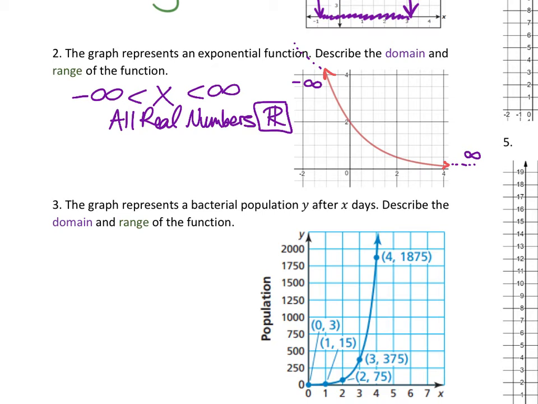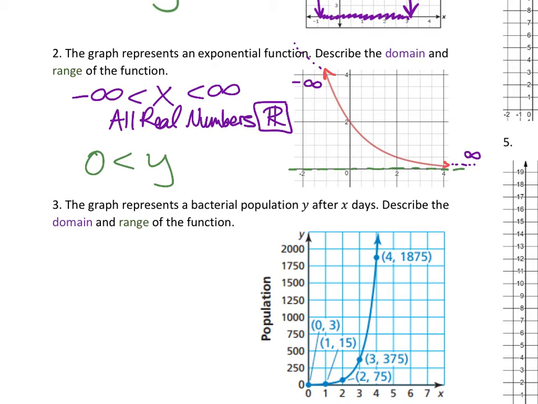When we go to do our range, though, with exponential functions, on the front of this packet, we talked about a line right here. What was that line called that's an invisible boundary? Yeah, it's called the horizontal asymptote. And I said that that curve is never going to cross the horizontal asymptote, which means I know I have a lower boundary here at 0 that y is never going to touch. Never touches it.